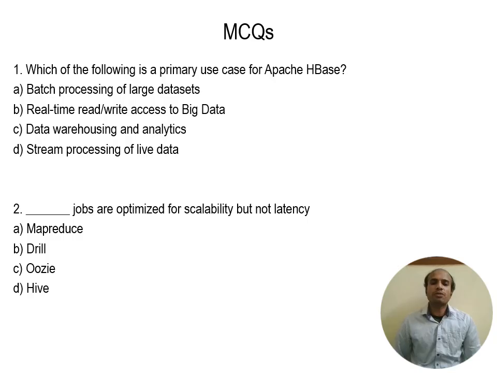One question is which of the following is a primary use case for Apache HBase. Another question is which jobs are optimized for scalability but not latency? We've seen topics about Hive, HBase, and Spark. So go ahead, solve these two questions. Let us take some 3 minutes so that you can try and solve them.